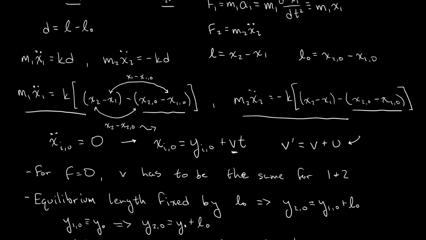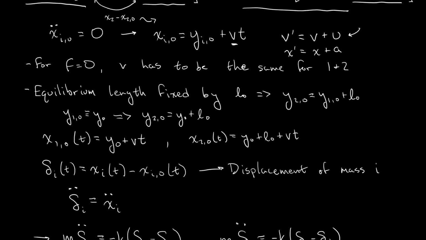And also by translations in x, where x prime is equal to x plus a. And that's all I've done here. All this definition of delta is just a way of shifting into the reference frame where my total system is not moving, and then subtracting off any translational offsets I might have.